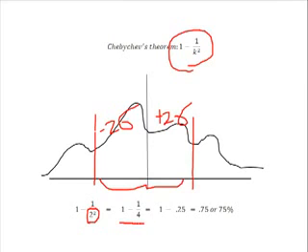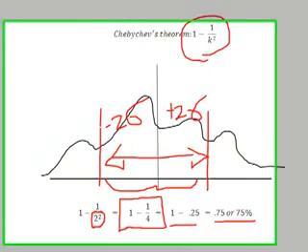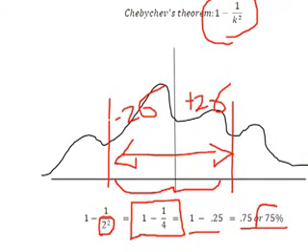I plug in for the formula. 1 minus 0.25 is 75%. And now I know that for a non-normal distribution, plus or minus 2 standard deviations from the mean will identify 75% of my data. So that's really kind of a brief overview of the second set of measures of variability.